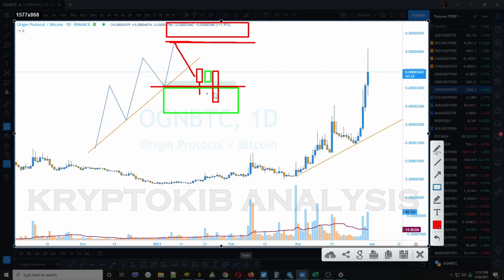So something like this may happen. This is why they say consolidation on top of support is bad, and consolidation under resistance is bad, because they might just find the power again to overpower the bulls or overpower the bears. So this is another scenario.